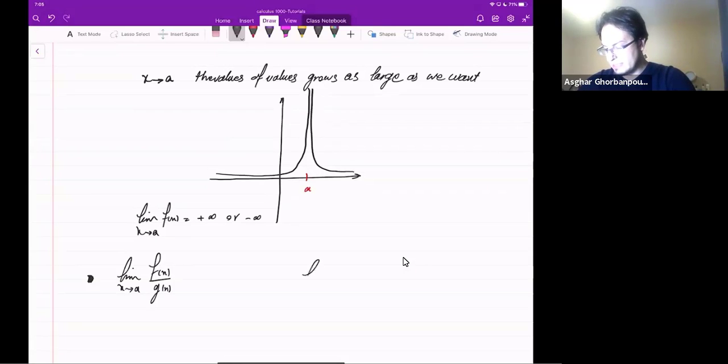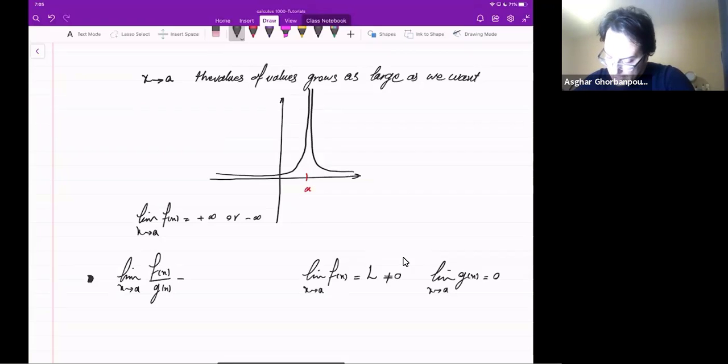And we know that the limit of the numerator as x goes to a is a number, not zero, and the limit of the denominator as x goes to a is 0. Then in that case, we get either plus or minus infinity.